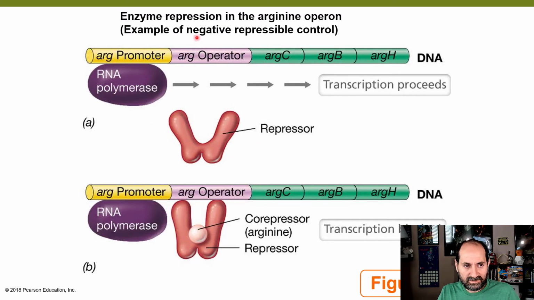But remember, the repressor is not repressing because it's a repressible system. That means it's a system that you can turn off by adding something. So the repressor is around, but the repressor is not doing anything. This means RNA polymerase is free to bind to the arginine promoter and to promote gene expression of genes ARG-C, ARG-B, and ARG-H. So you're forming these enzymes.